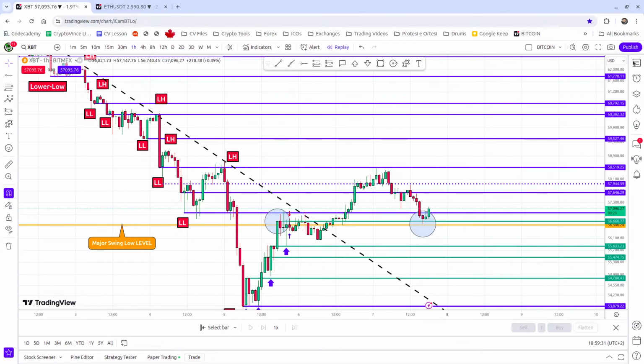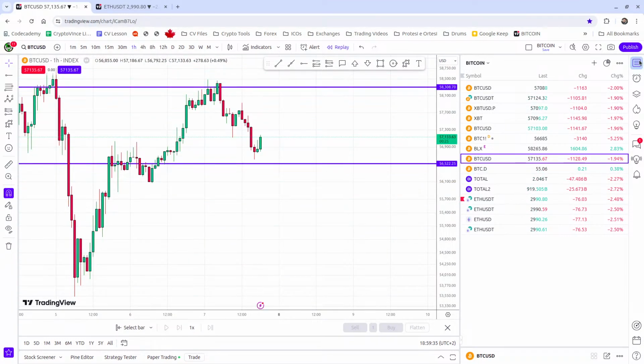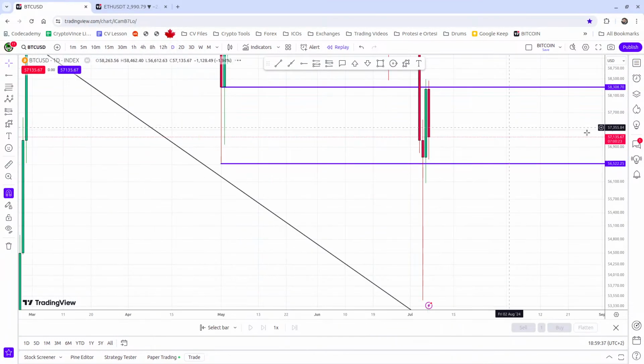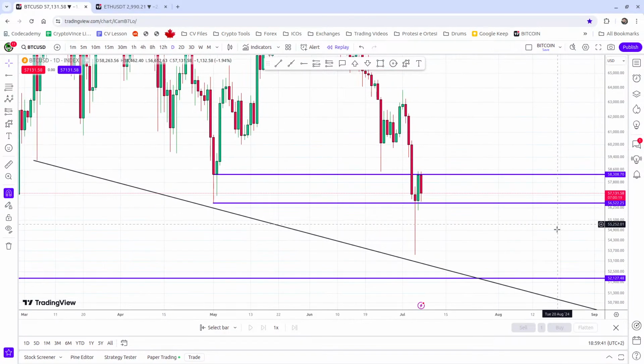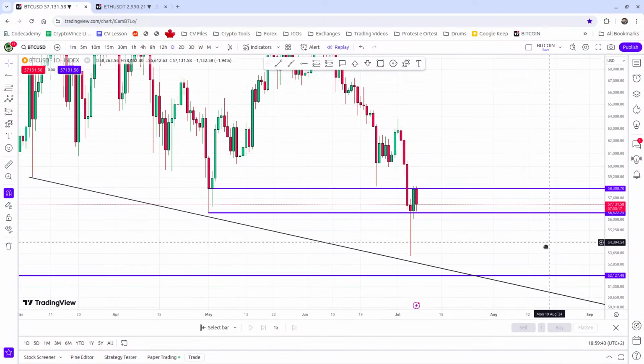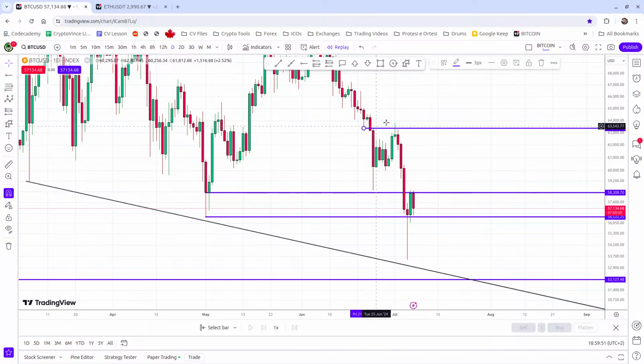Because again, if we check the daily, I'm gonna say this again, in order to turn bullish, we need to take out this high, and that would be around, let's check a confluence here, 63.3. That would be bullish.